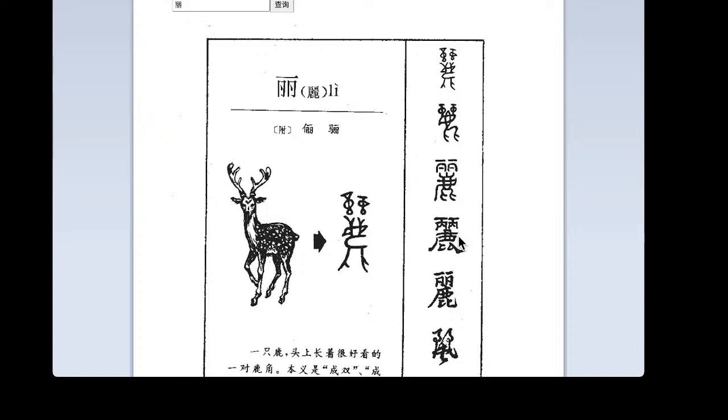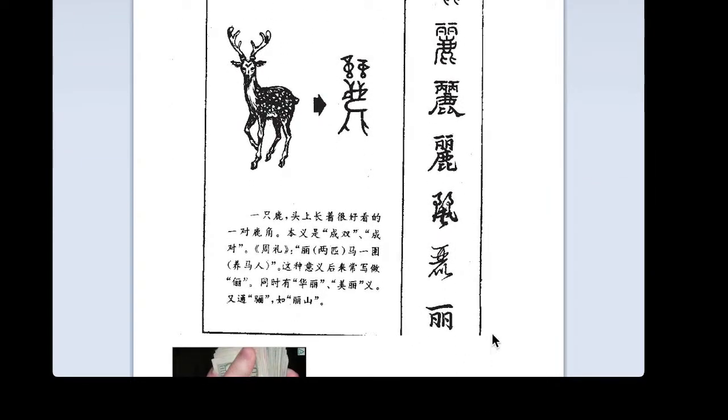And of course, the current form they got rid of the deer. They kept the antler but got rid of the deer to simplify it. And now this does not refer to a pair, it simply means pretty, beautiful. Okay.